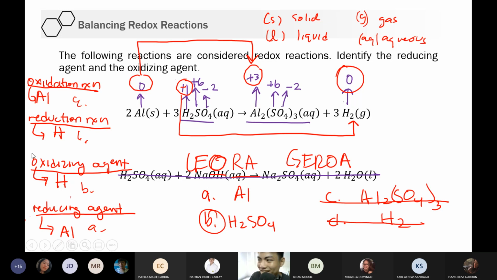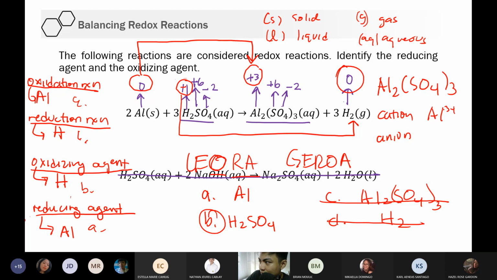Nasagot na natin to kanina. Sige, sabihin ko lang ulit. Kapag kunwari ganito, aluminum sulfate. Ano yung sabi ko sa inyo kanina? Split mo yan into cation and anion. Kasi dun mo mas madali, masisimplify yan. So, ano yung cation sa aluminum sulfate? Al3+. Ano yung anion? SO4, -2. You just do crisscross.